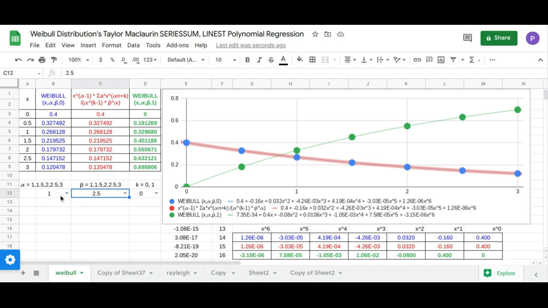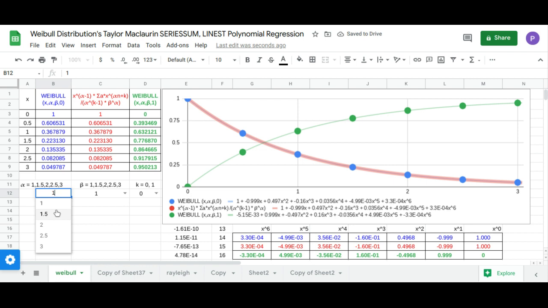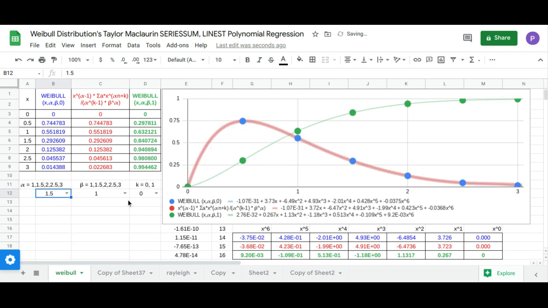That's because beta alpha equals 1. That's the shape, exponential form. Now we go back to 1 and start with 1.5. Now it's no longer exponential. So we can toggle this to 1.